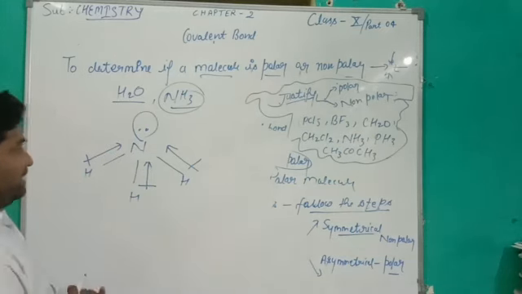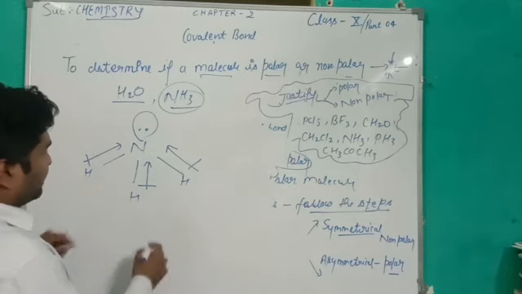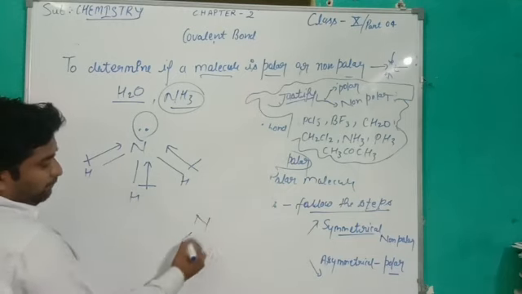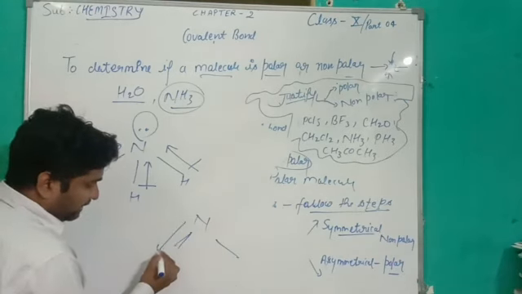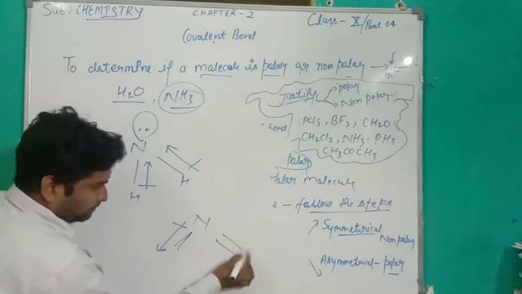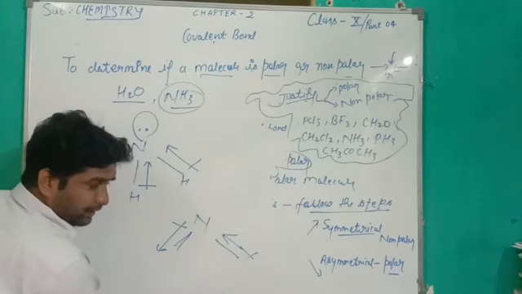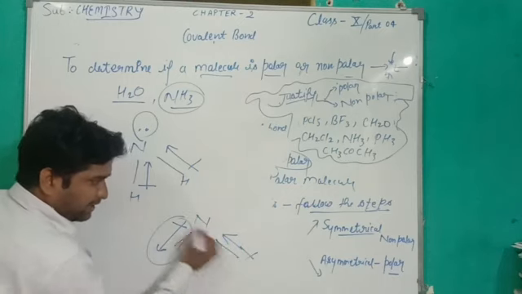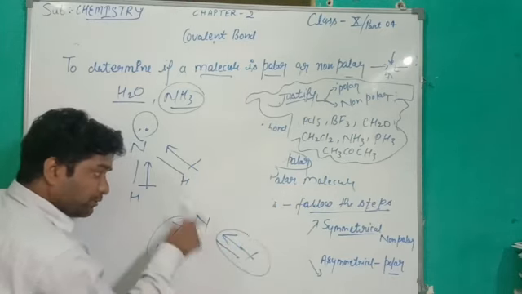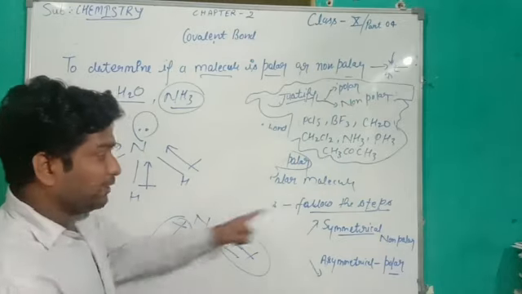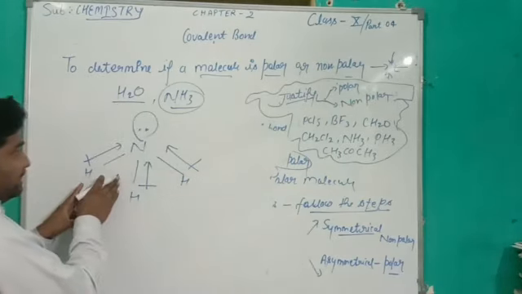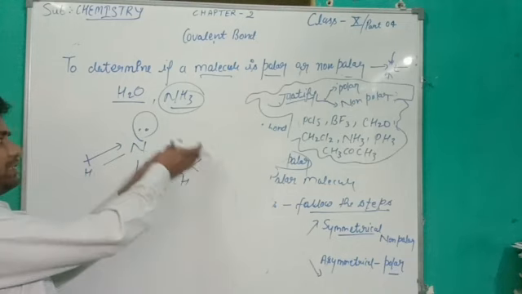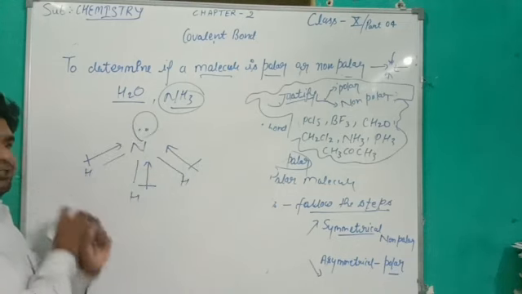Okay, students. Suppose one direction is here and one direction is here, then overall this direction and this direction cancel out, so this molecule may be non-polar, but not in this case. Look, in this case all directions go to the nitrogen atom.